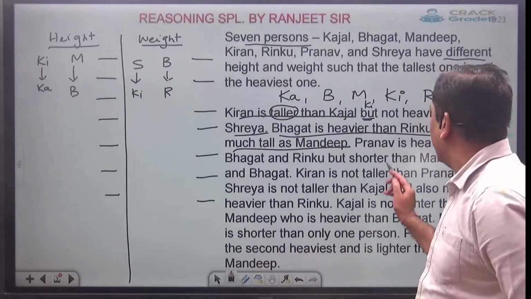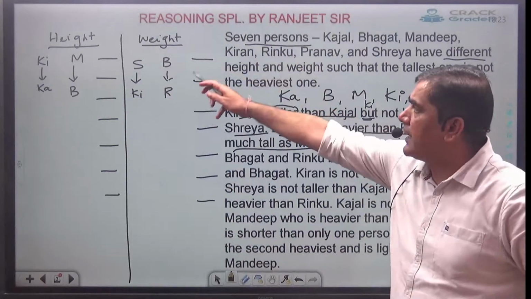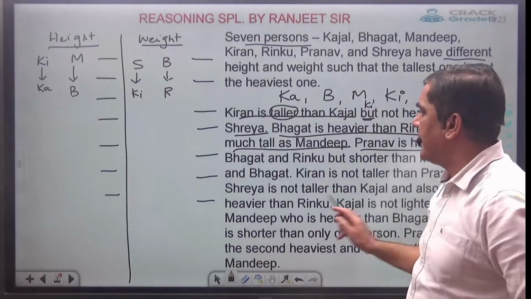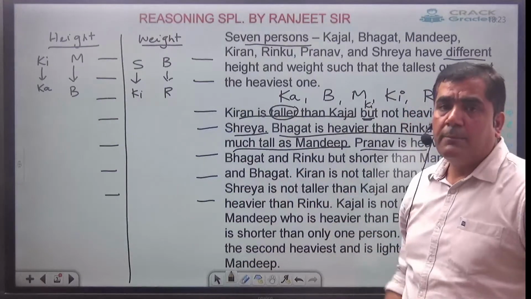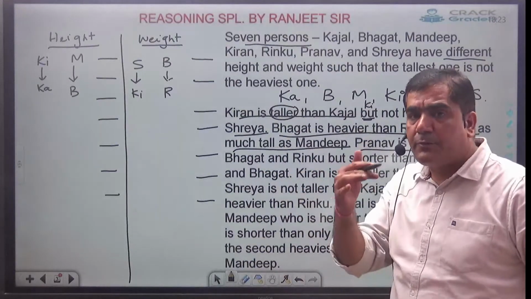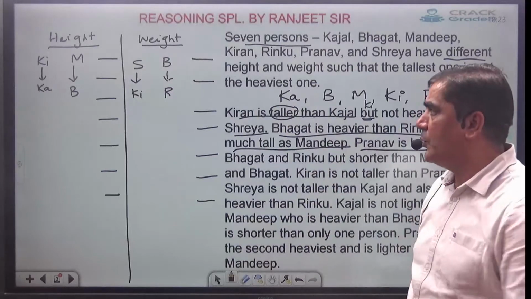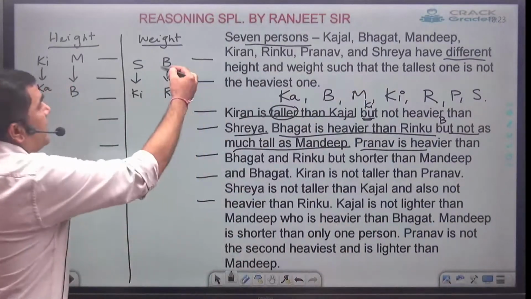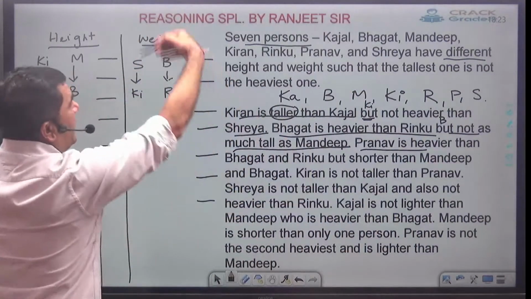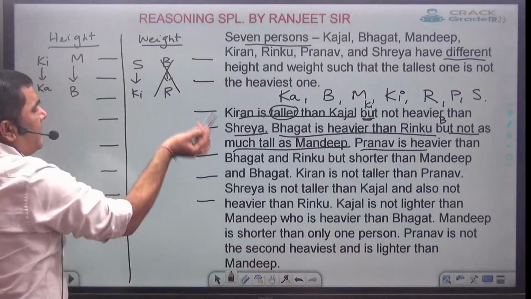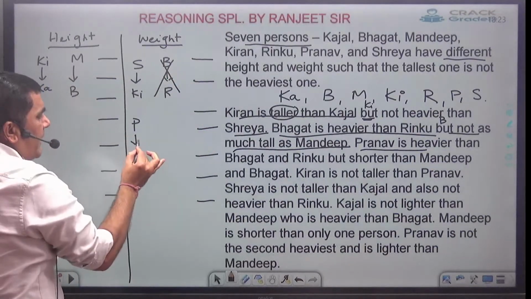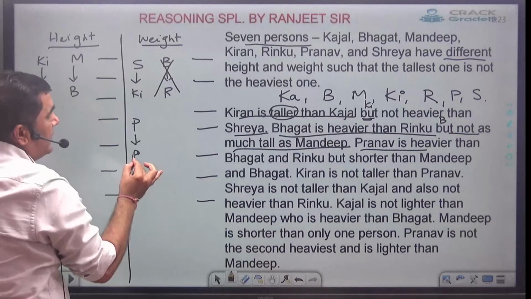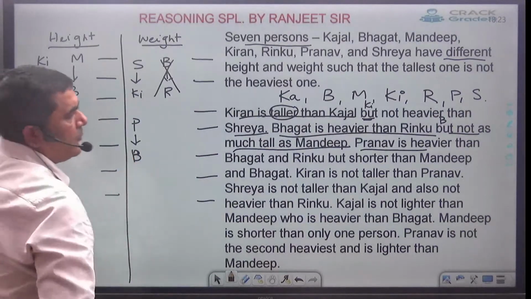Next statement. Pranav is heavier. Heavier means talking about weight. So Pranav is heavier than Bhagat and Rinku. Pranav should be above Bhagat and Rinku. So I'm going to write like this. So Bhagat and Rinku, Pranav should be above this.